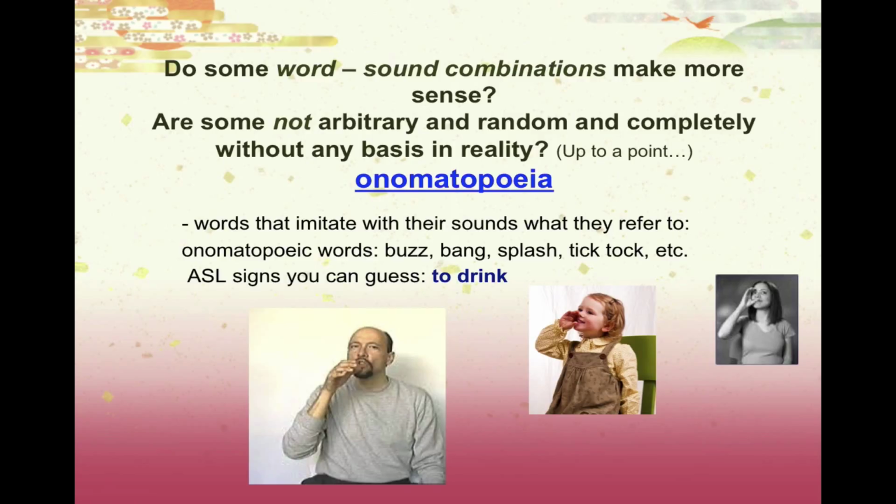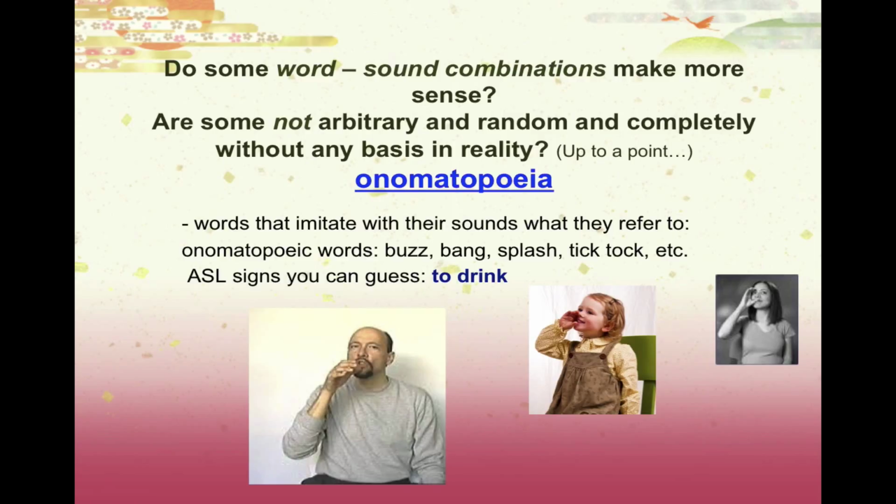That part of language is called onomatopoeia. That's a Greek term. So onomatopoeia means that some words imitate with their sounds what they refer to. So onomatopoeic words would be buzz, or splash. Or if you explain to a child how a clock goes, at least the old-fashioned clocks went tick-tock, tick-tock.